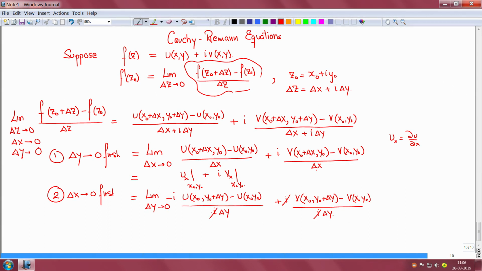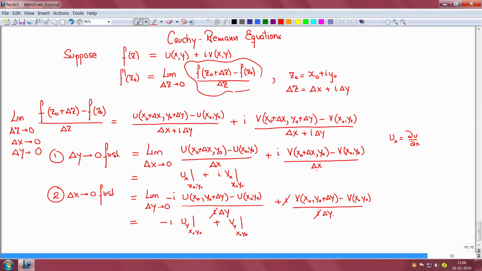Okay. Now, what we have here is u evaluated at a base point x0 y0, and an increment in the y direction with a delta y. So, I get here minus i u y evaluated at x0 y0, and I have here plus v y at x0 y0.